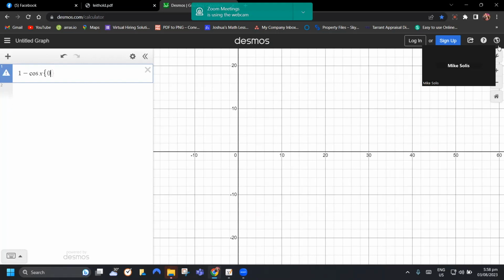Less than or equal to x, and then less than or equal to pi. Definitely 1 to 1 po siya. Okay, 1 to 1. Yung letter B.